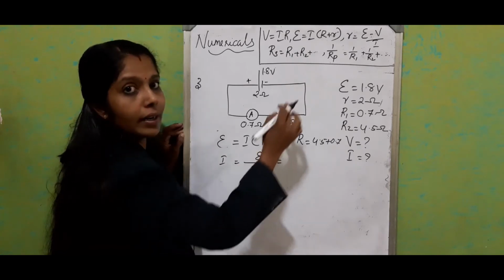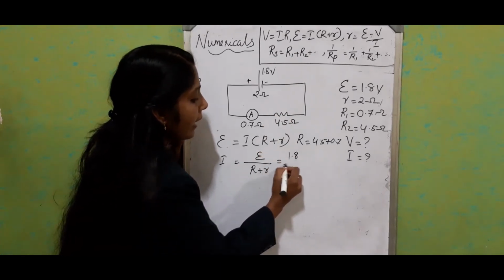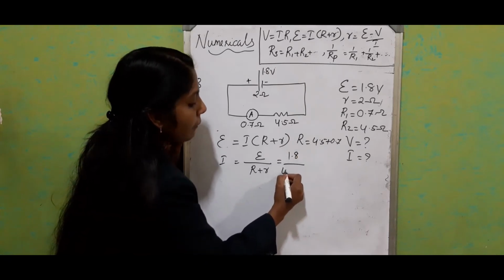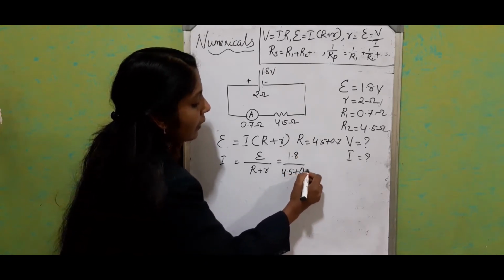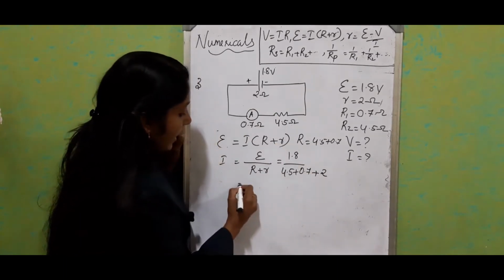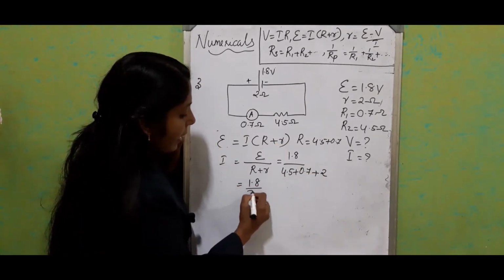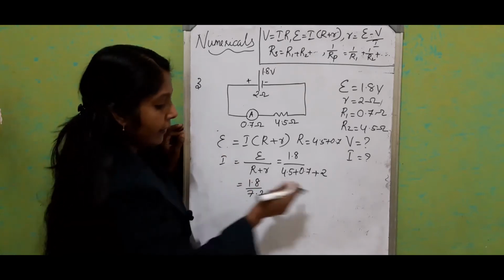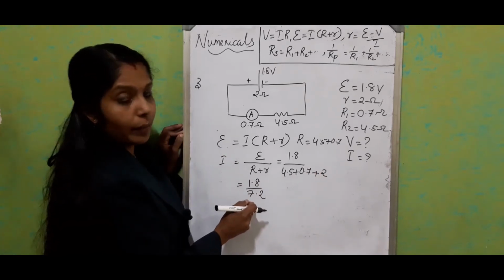Epsilon is 1.8, divided by 4.5 plus 0.7 plus internal resistance 2. That is equal to 1.8 divided by 7.2. If we add all these three values, we will get 7.2.